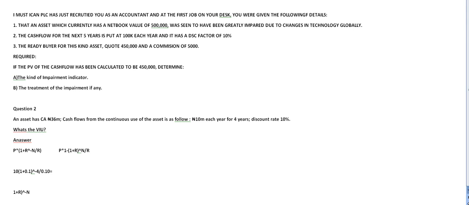We'll now do plus. Do it for first year, do it for second year. You can use this formula, we'll do it one after the other.